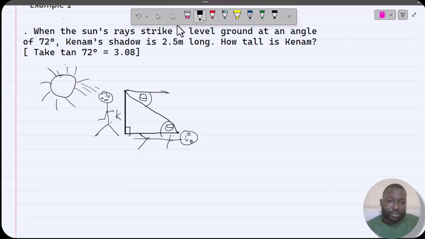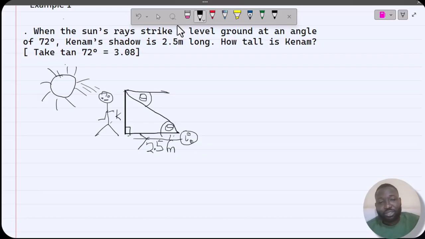And then from here, we are told the shadow is 2.5 meters. I'm told to find the height. Now we are given the angle: the theta I have indicated here is 72 degrees. That is the angle where the sun ray strikes.